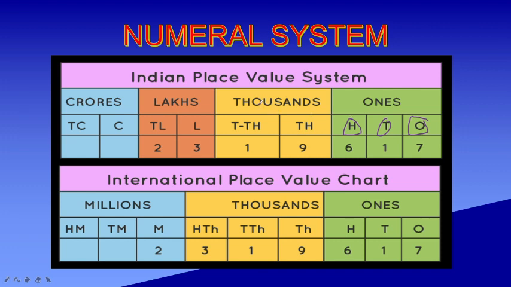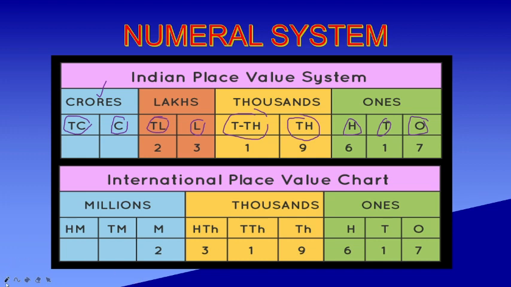Same, thousand period is divided into two places, thousand place, 10,000 place. Lakh period is divided into two places, 1 lakh place and 10 lakh place. And lastly, crore period is divided into two places, 1 crore and 10 crore. Okay, so this is the Indian numeral system.